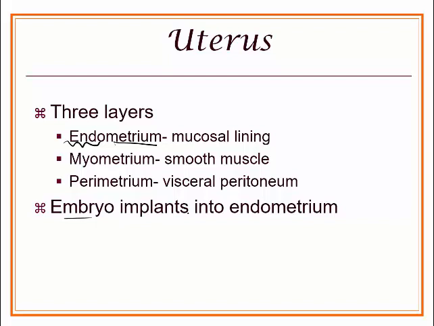So the myometrium means muscle of the uterus. This is smooth muscle, and that smooth muscle will perform peristaltic waves of varying degrees depending on the activity being performed. For example, during labor, it is very violent contractions to move the infant into the birth canal.